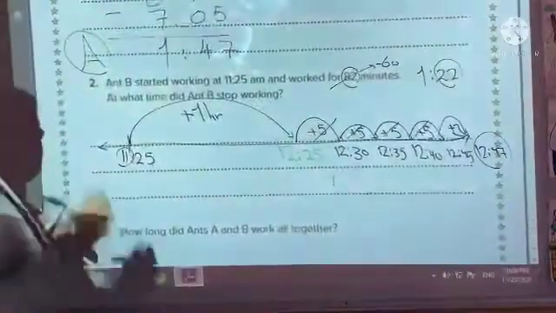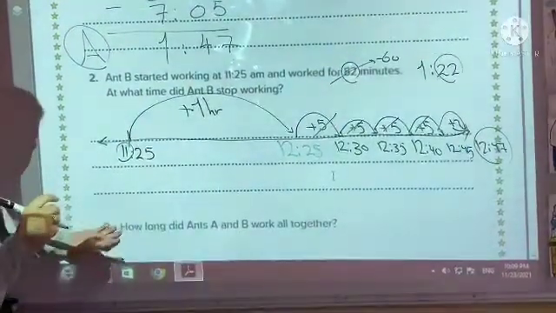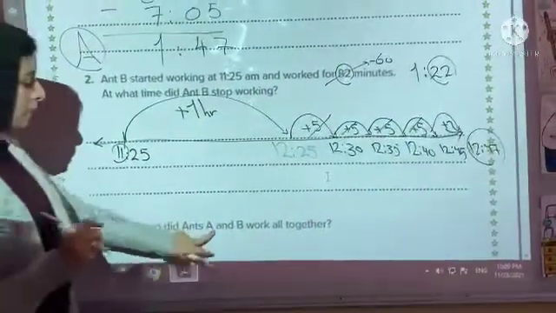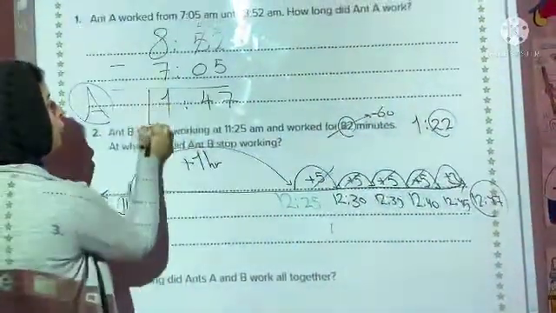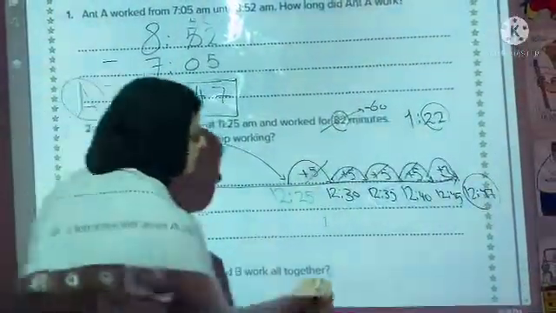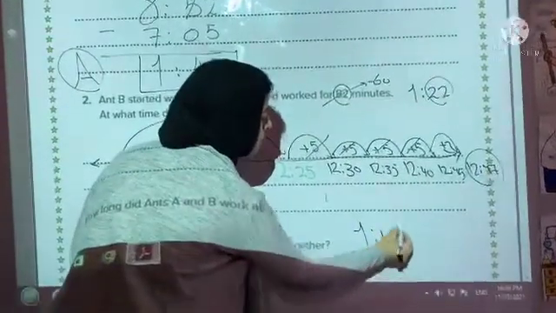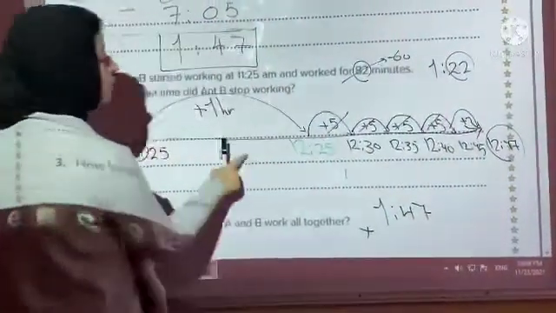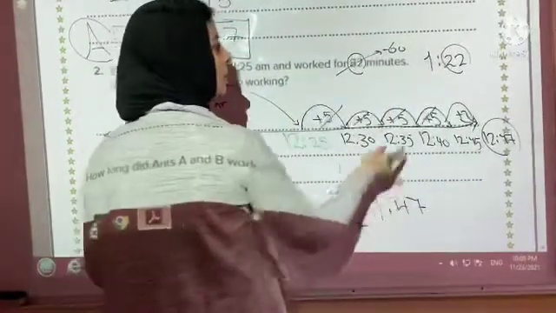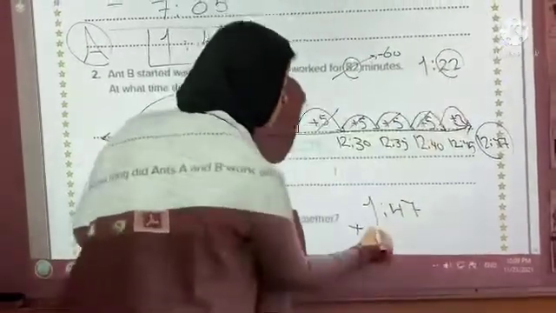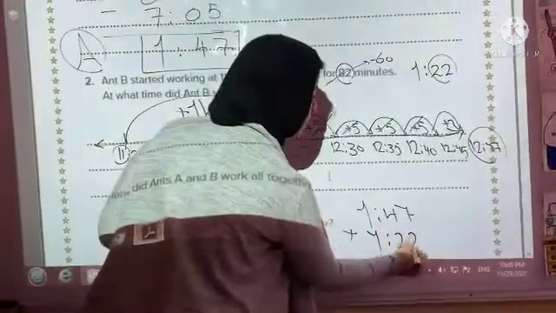So now, how long did Ant A and B work all together? The first, Ant A worked for 1 hour and 47 minutes. Plus Ant B worked for 82 minutes. 82 minutes means 1 hour and 22 minutes.